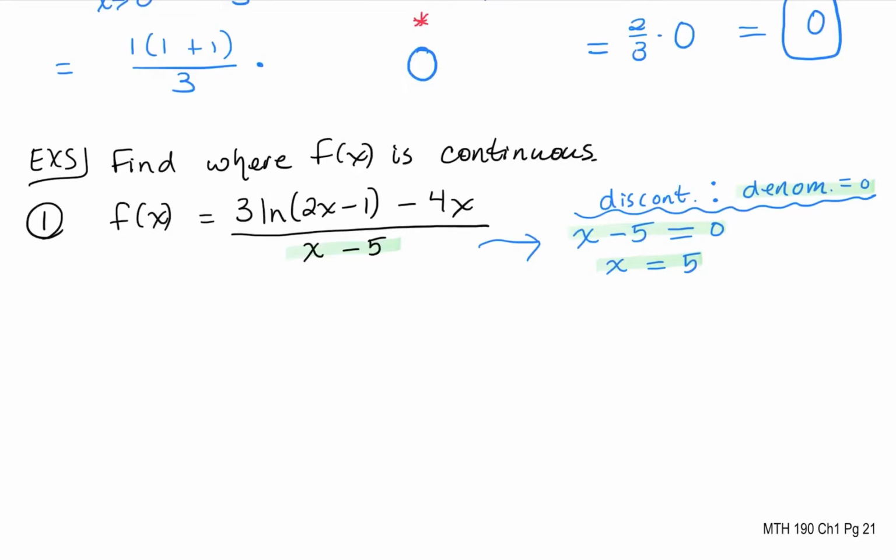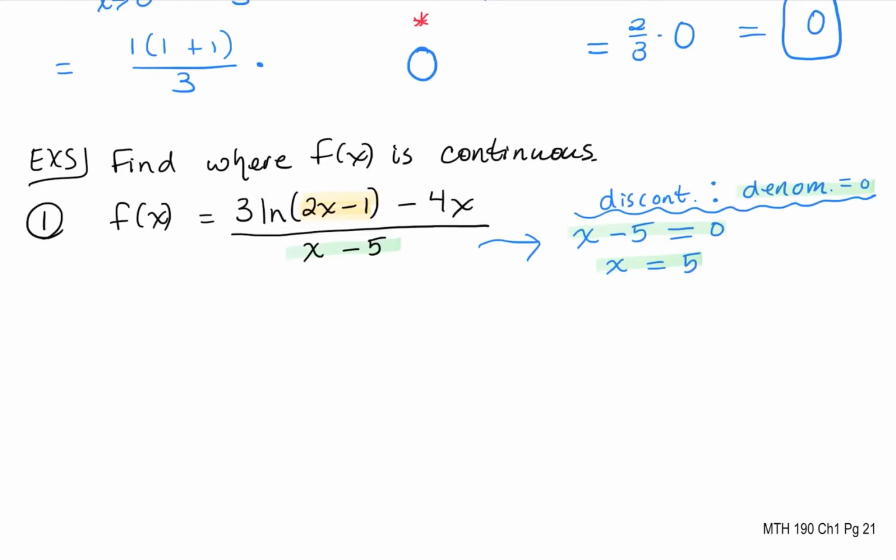Now, the other issue, and I mentioned this briefly in an example involving a limit of a log function. Logs, if you recall, are kind of like square root functions, not exactly, but logs have to be strictly positive. Square roots, even index radicals, can be positive or 0, greater than or equal to 0.